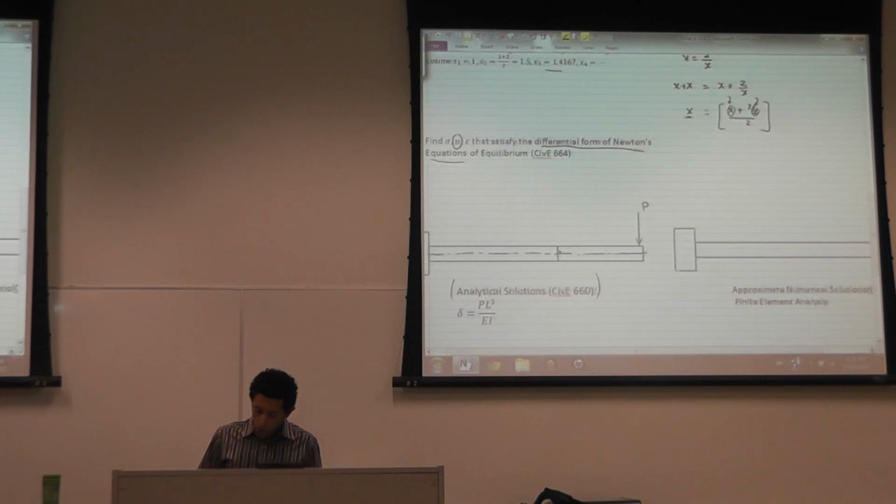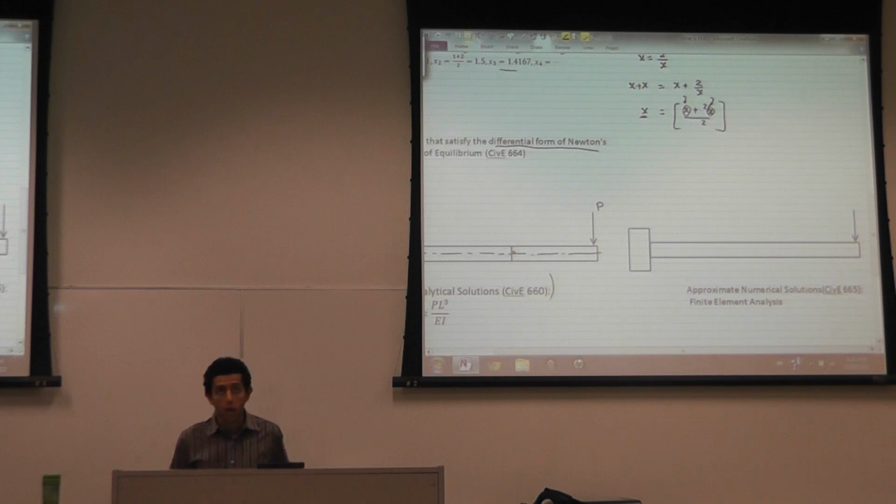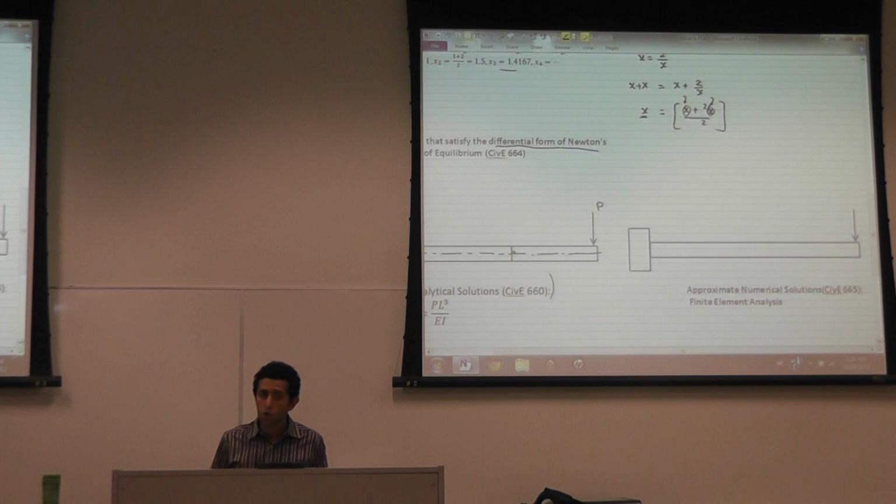In this course, we're doing a different technique. We're not constraining our geometry to beams, we're constraining our geometry to elements. We divide our structure into small elements, and we put restrictions on the deformation of such elements.